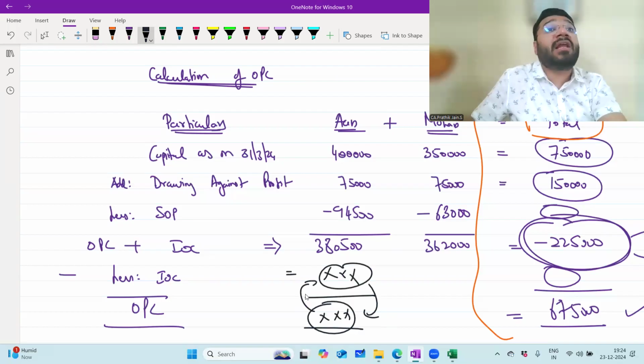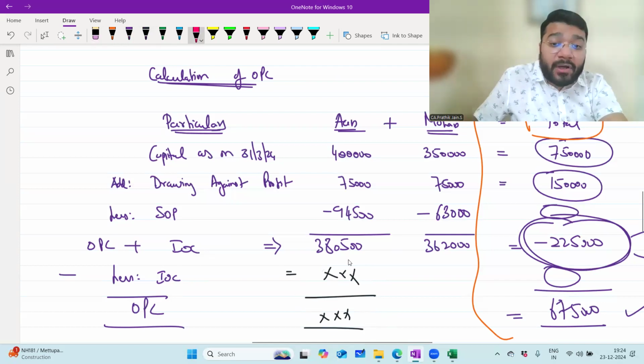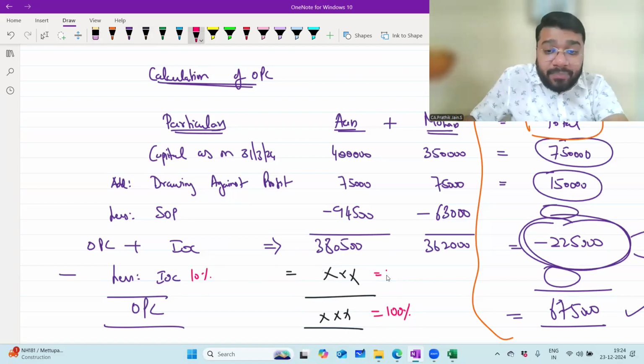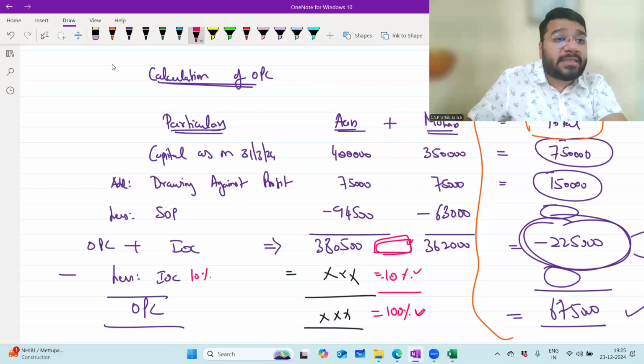Whenever we're stuck in a vicious circle, include that percentage column. OPC will always be equal to 100%. Interest on capital, what percentage? 10%. Now with this, to get 100 with the opening capital, how much if I minus, I'll get the opening capital? 110. With 110, if I minus 10, I'll get 100.